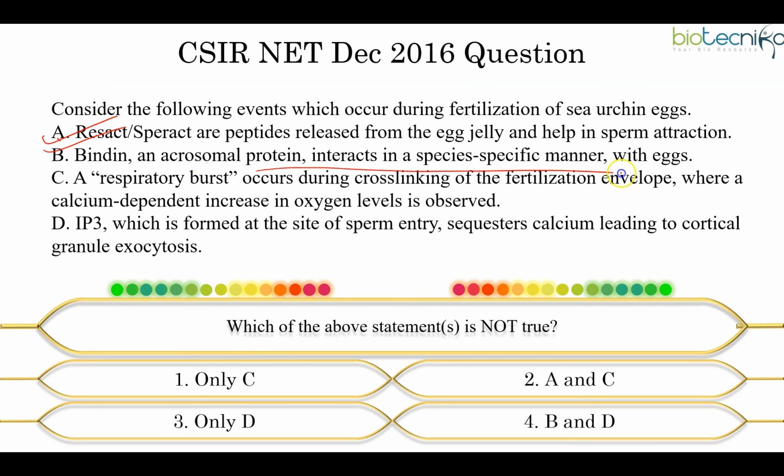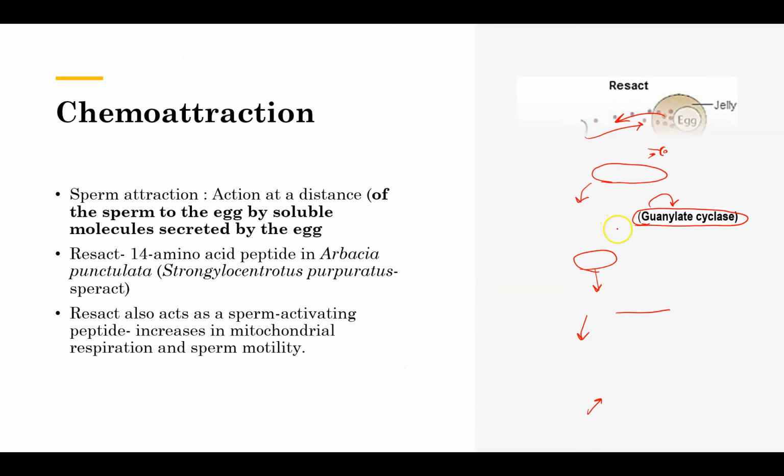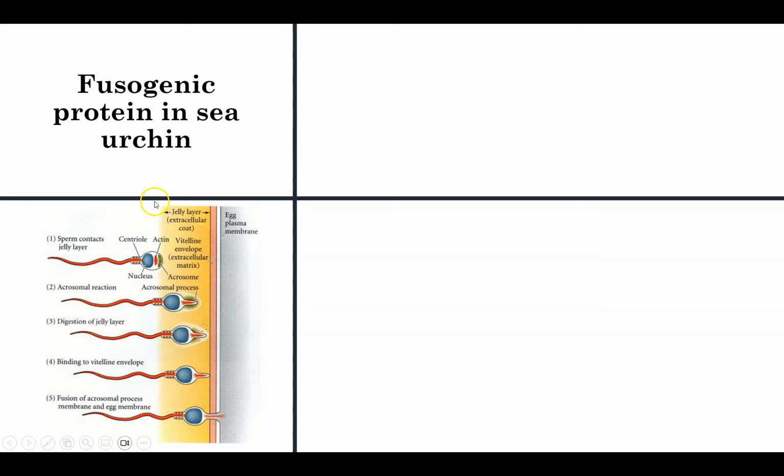Binding and acrosomal protein interacts in a species specific manner with eggs. Well, bindin is a fusogenic protein. Okay, so we know that when the sperm will contact the jelly layer, it will undergo the acrosomal process, which is exocytosis. This will help digest the jelly layer and penetrate through it. Then the sperm will be extending the acrosomal process through the actin present beneath it.